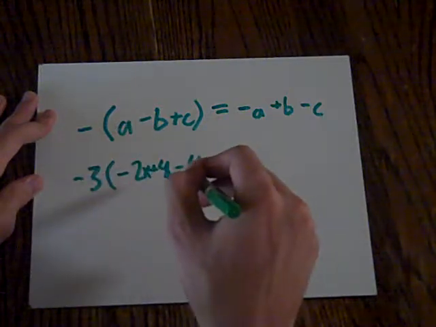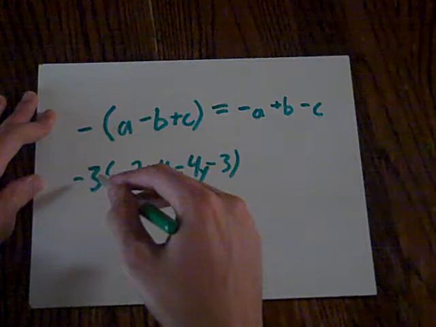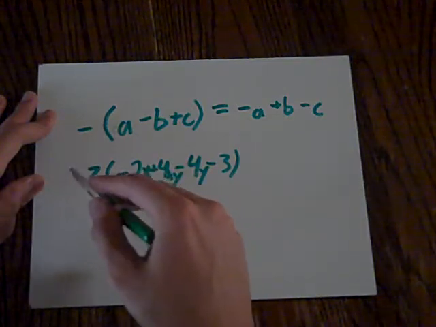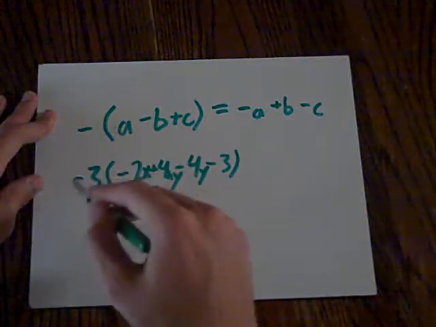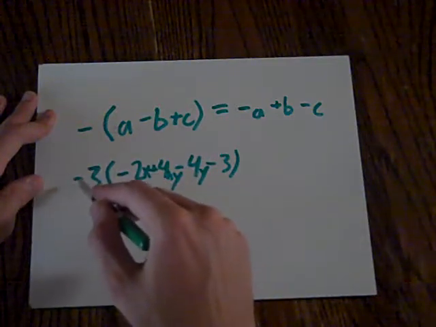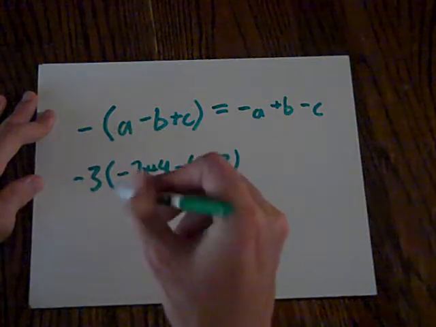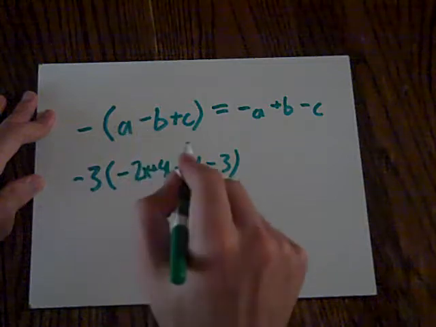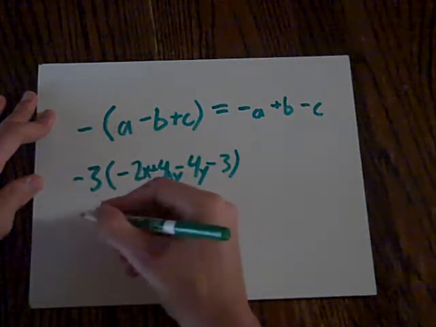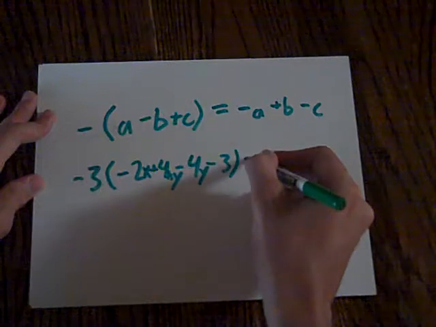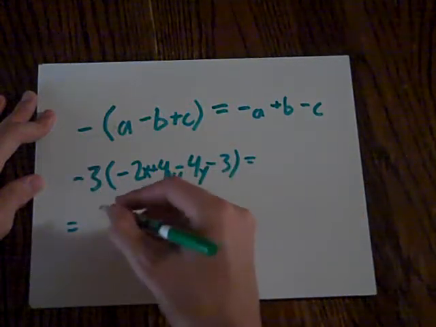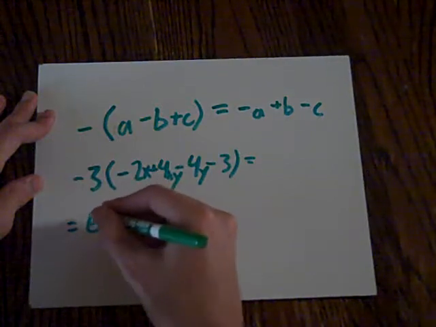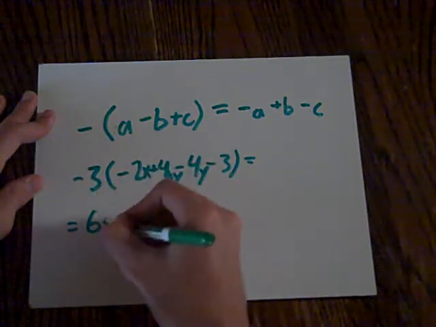Negative 3 times negative 2x is, so the two negatives, right? A negative times a negative is a positive. Because a bad thing happening to a bad guy is a good thing. So you get, 3 times 2 is 6, so that's positive 6x.